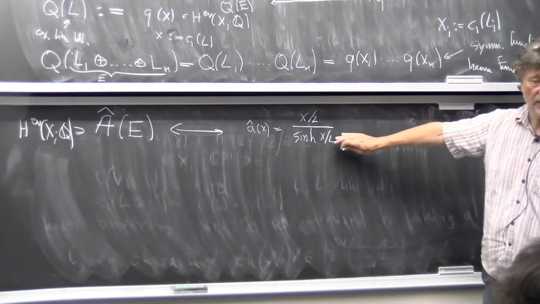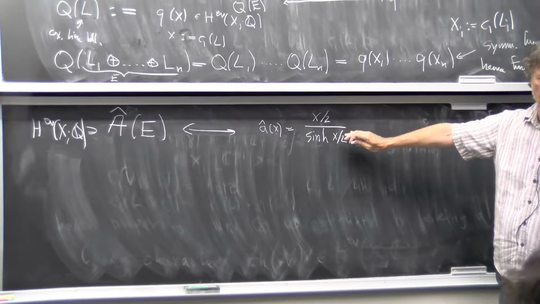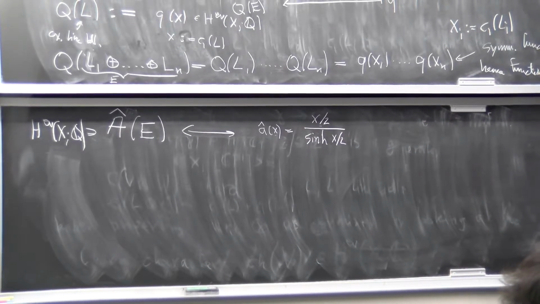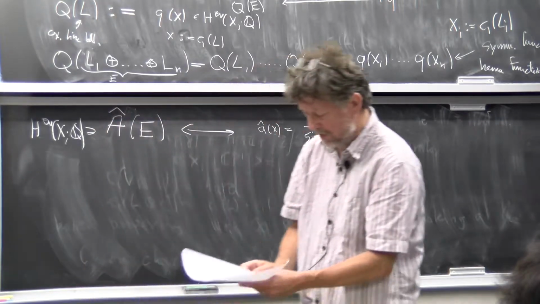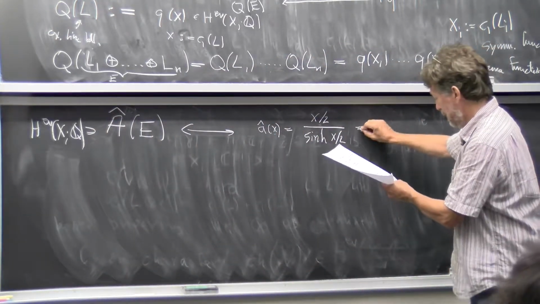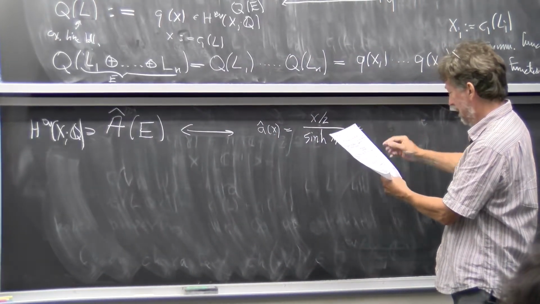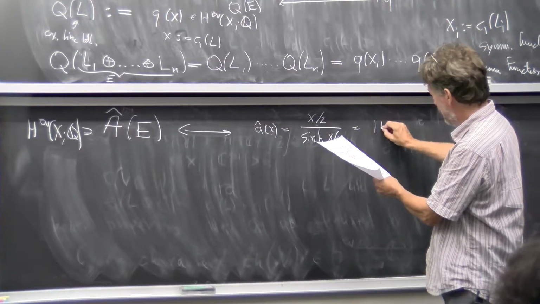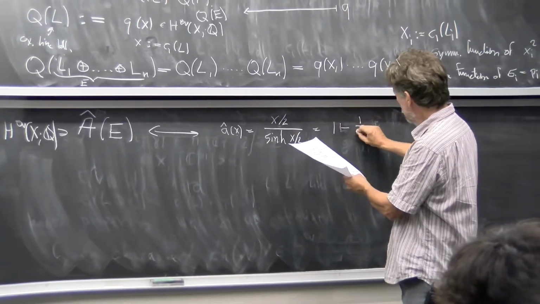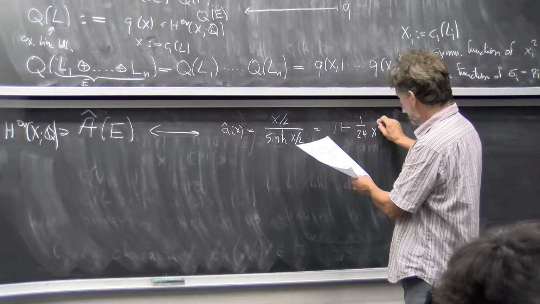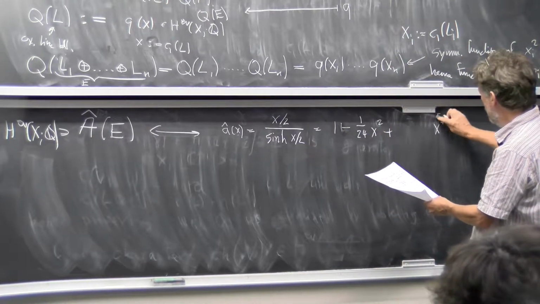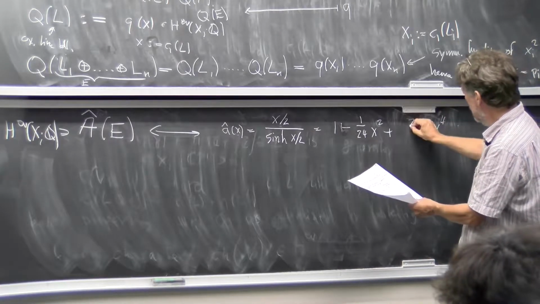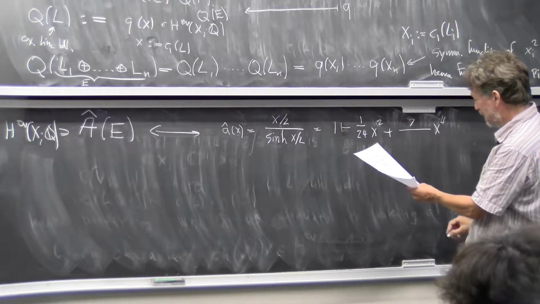And you can convince yourself this is in fact an even power series, right? Weird, right? So let me write down the first coefficients, which you can do by Taylor expansion. So this is equal to 1 minus 1 over 24 times x squared plus, then the next term is x to the fourth. And it's good to write the rational number in front of it in terms of prime factor decomposition.